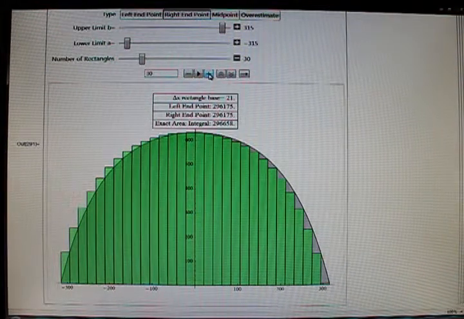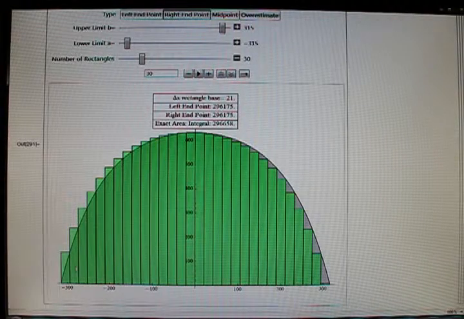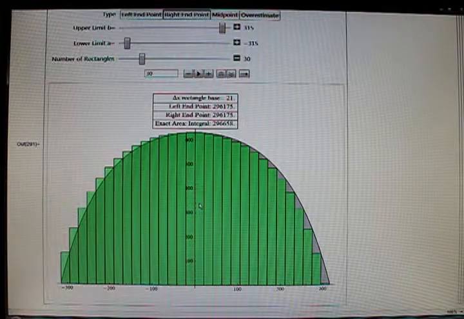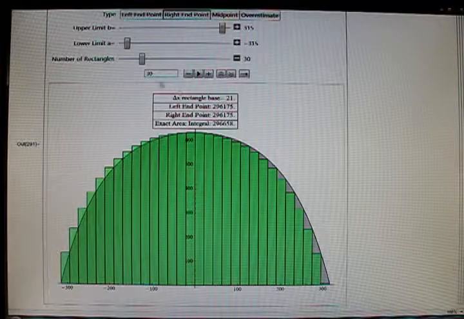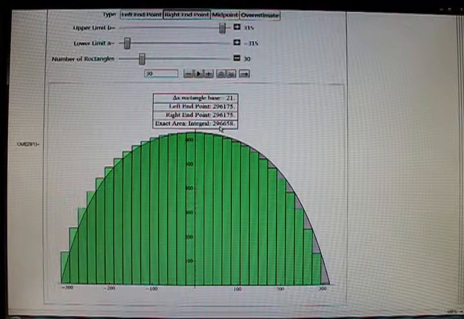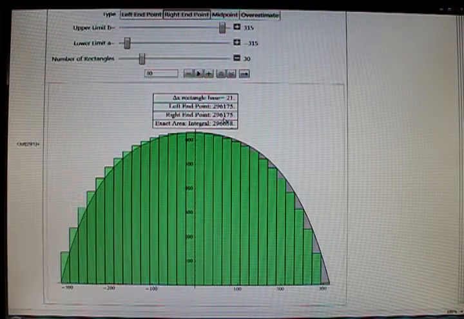Okay, now we're at 30 rectangles under the curve, which if I'm doing this calculation by hand, is going to take me a lot longer than it did just for 10, which is why I want to go to a computer program. But you see, when I have 30 rectangles under the curve, I have the 296,000 square feet, and now we're dealing with how accurate these last 3 digits are.